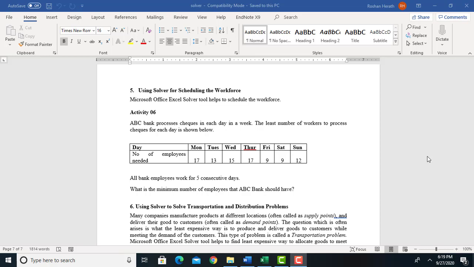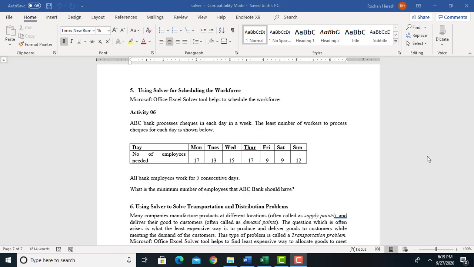Then it says all bank employees work for 5 consecutive days. That is, if your roster begins on Monday, those employees at a stretch need to go up to Friday. Then they can have holidays on Saturday and Sunday.